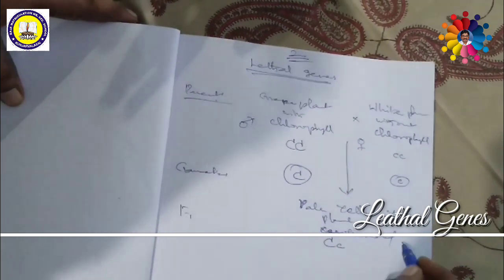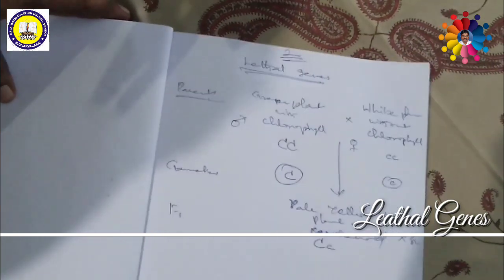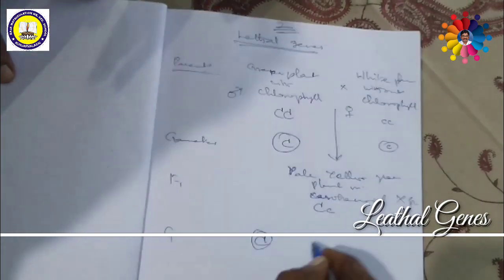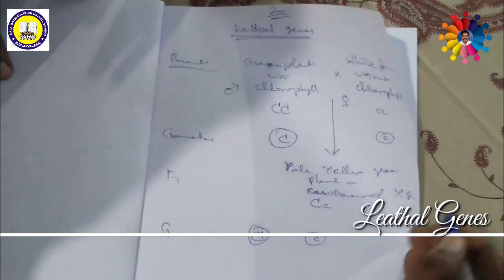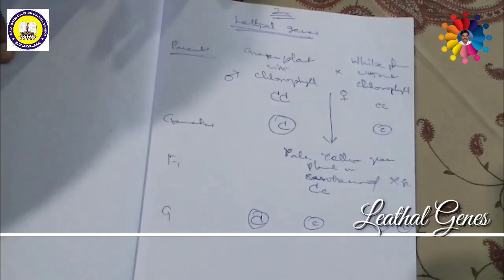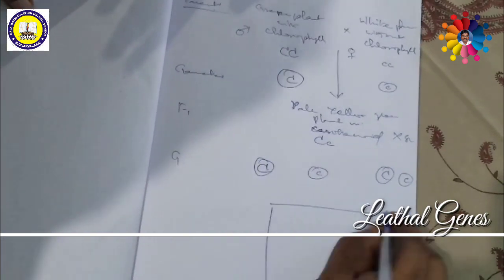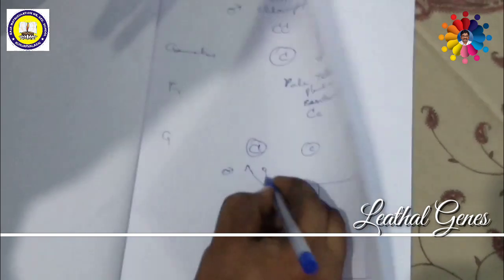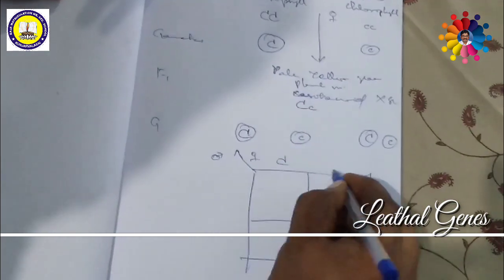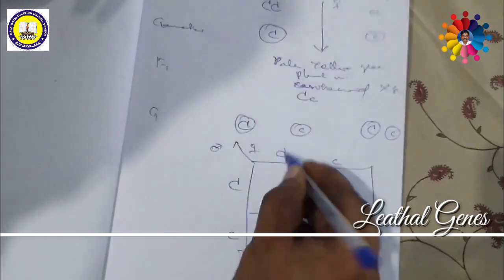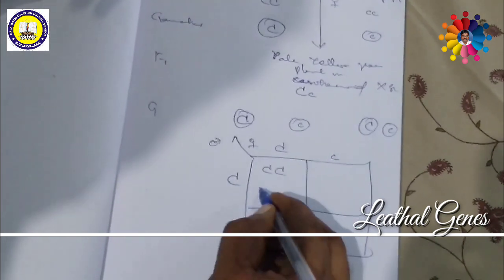Suppose it is a self cross, then what will the gametes be? Capital C one gamete, small c one gamete. Another parent, capital C one gamete, small c another gamete. If it is crossed, what will be in the F1 generation? For example, this is the male parent, this is the female parent. This is capital C small c, capital C small c. Then cross: capital C capital C, green plant.